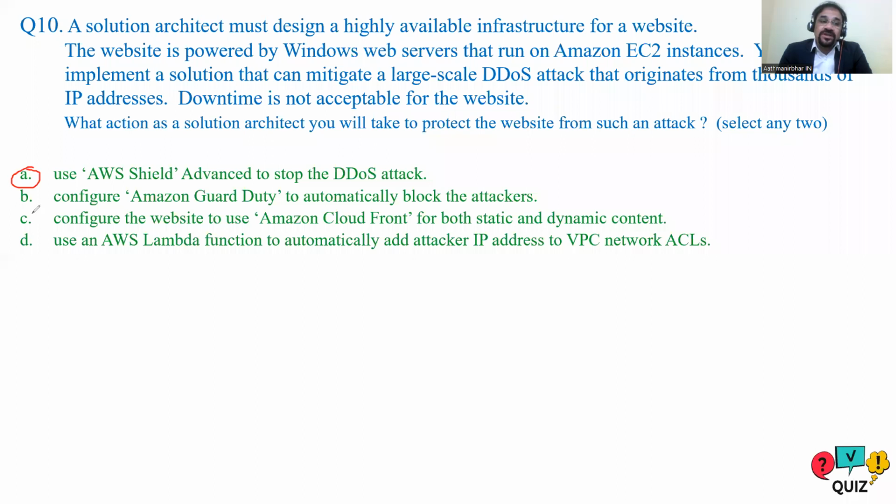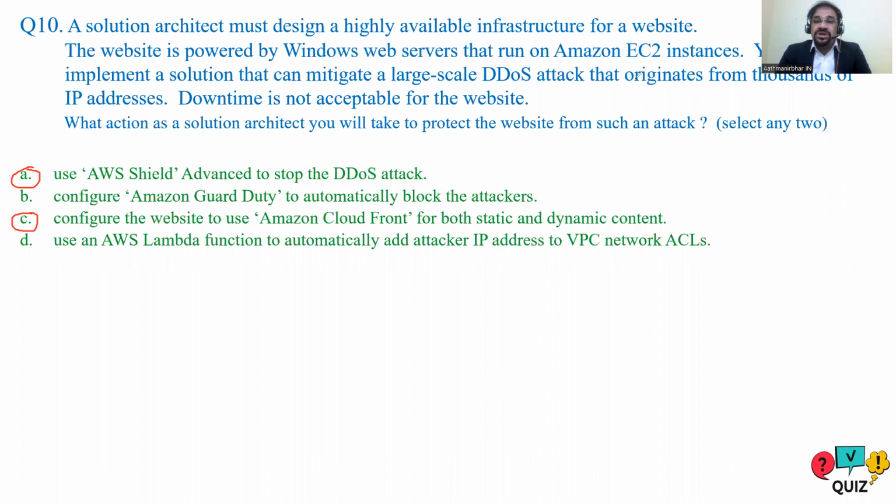So if we go with option A and option C together, we should be able to meet our requirement. Option D is completely ruled out: running an AWS Lambda function automatically and adding IP addresses to the VPC and access control list, and keep checking whether they keep sending echo or ping requests.